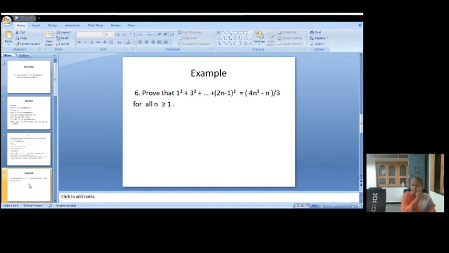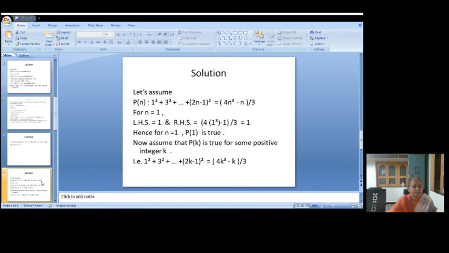Now here see, whenever we are taking n equal to 1, we get LHS equal to 1 square, that is equal to 1 only. And regarding the RHS part, we can write RHS equal to, now take n equal to 1 only, and therefore we can write 4 into 1 cube minus 1 divided by 3.